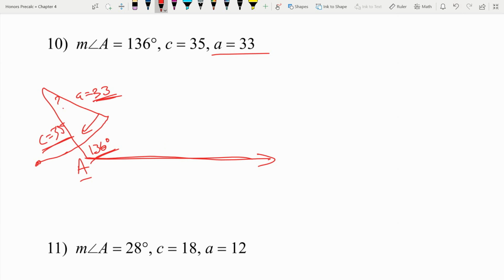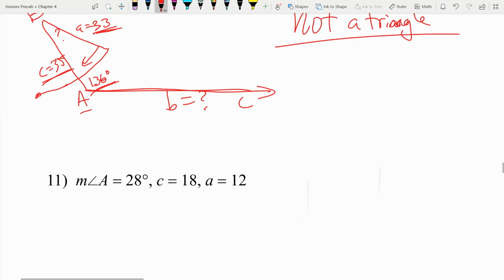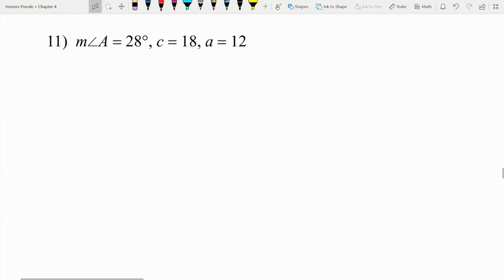If that's C, there'd be an angle C over here someplace, and this would be our angle B. We don't know what angle B is. We don't know what the length of side B is either. So this is just no solution. And really, we can just say not a triangle. Can't even be done. Not a triangle. That looks good. That's it. That's our answer for that one.